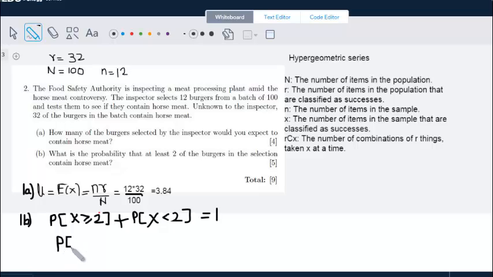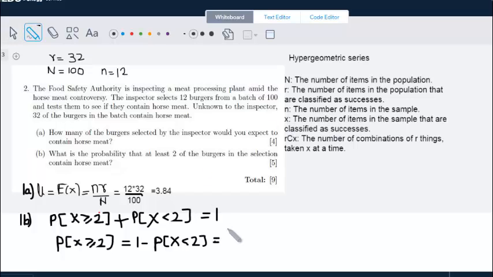You can write this as probability of x greater than or equal to 2 is equal to 1 minus probability of x less than 2. And what is probability x less than 2? x is the number of items in the sample that are classified as success.